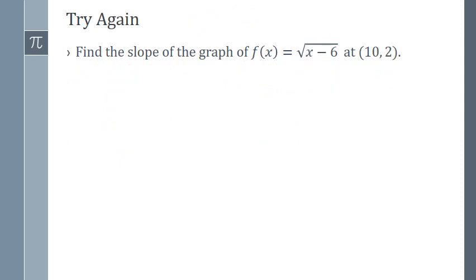Alright, and one last one. So again, find the slope of the graph of f of x. This time it's equal to the square root of x minus 6 at the point (10, 2). So again, difference quotient, limit as h goes to 0 of f of x plus h minus f of x all over h. We want 10 as our x value that we're plugging in.